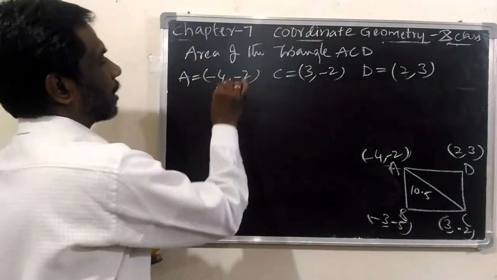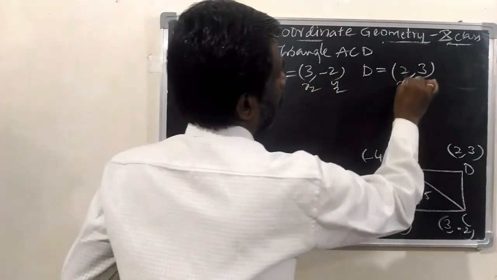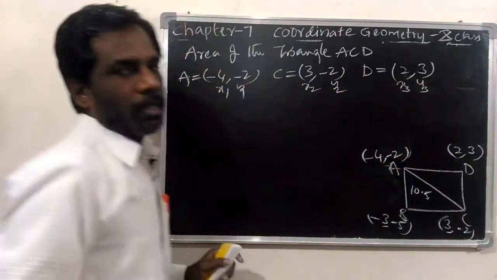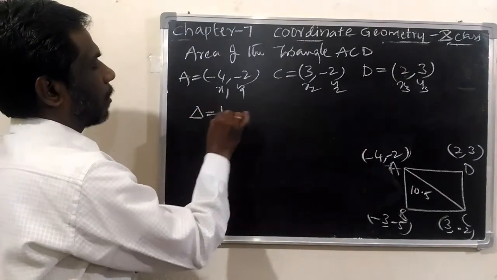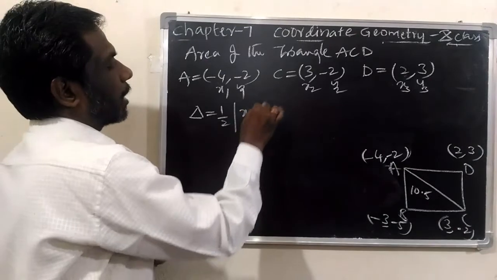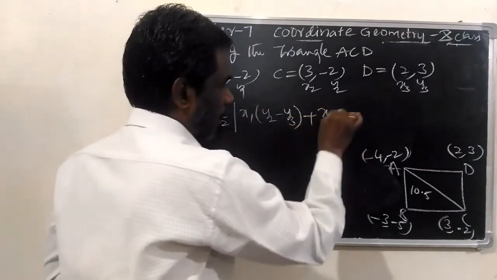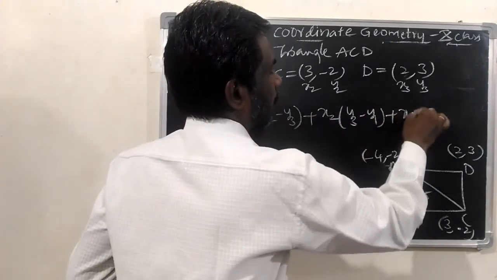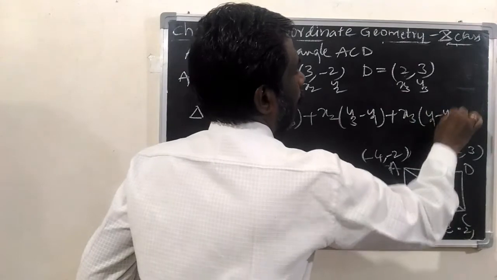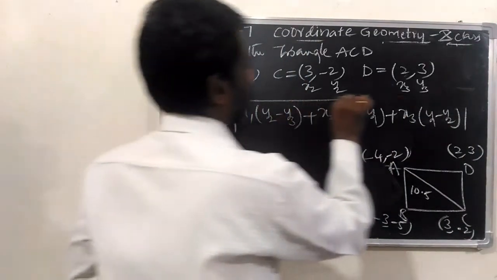Now assume the first point is x1 y1, the second point is x2 y2, and the third point is x3 y3. Now write the area of the triangle formula. Delta is equal to half mod of x1 into y2 minus y3 plus x2 into y3 minus y1 plus x3 into y1 minus y2, and make it a box.